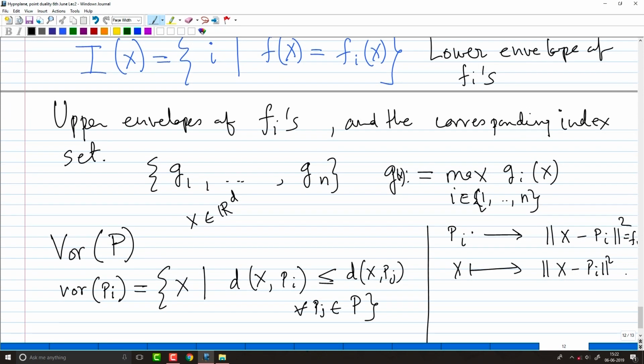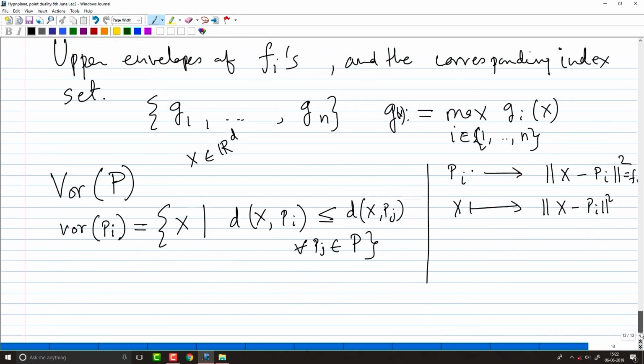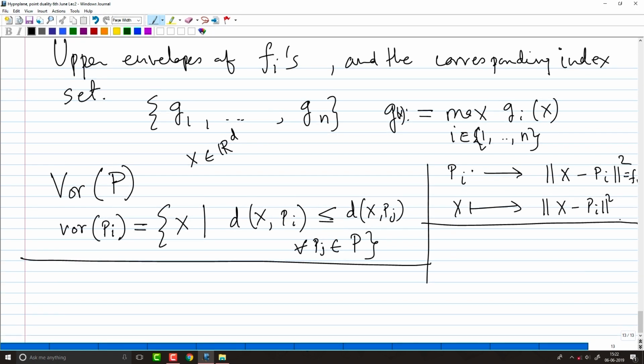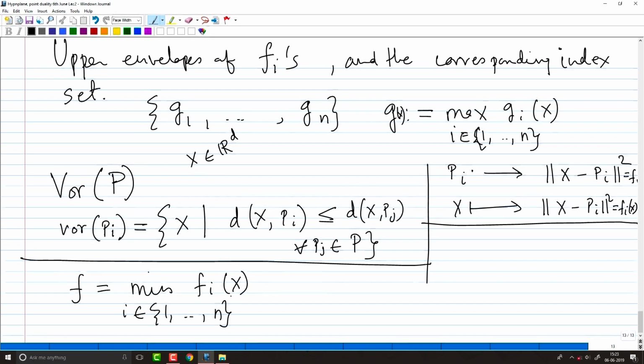Now, what I do is the following. These are Fi's of x. What do I want to maintain? I want to maintain f which is equal to the minimum over i belonging to 1 to n of Fi of x. Let us say I can maintain this.